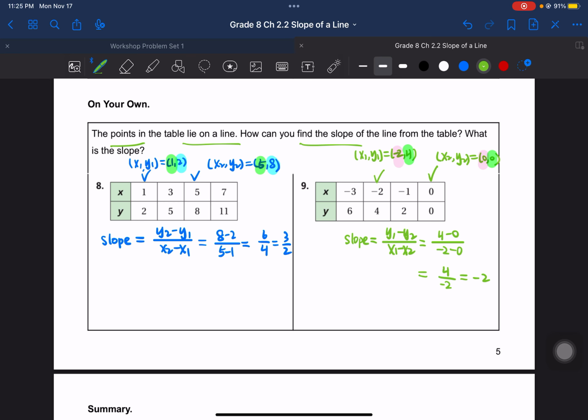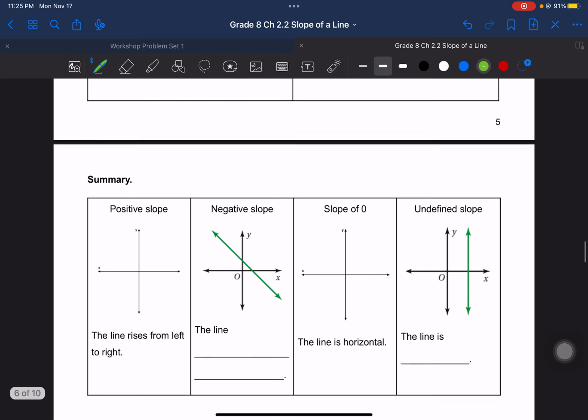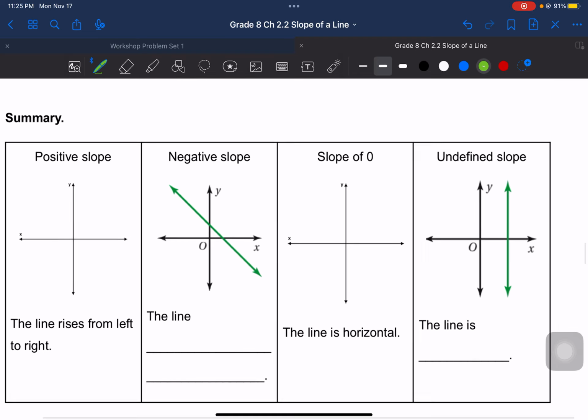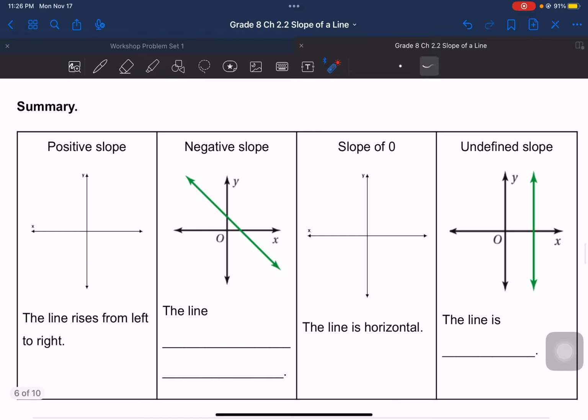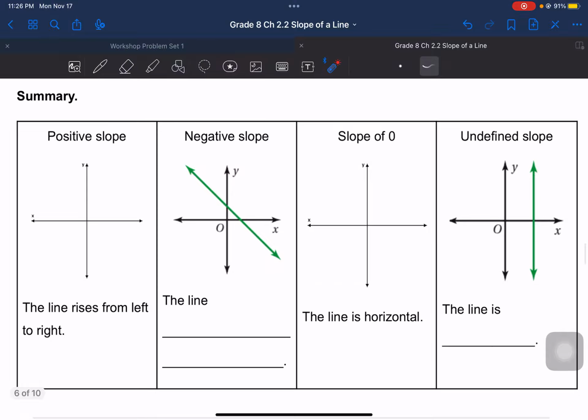And now we can summarize. We have a total of 4 situations. We have the positive slope, negative slope, when the slope is 0, and when the slope is undefined. So for the positive slope, the line should rise from left to right.